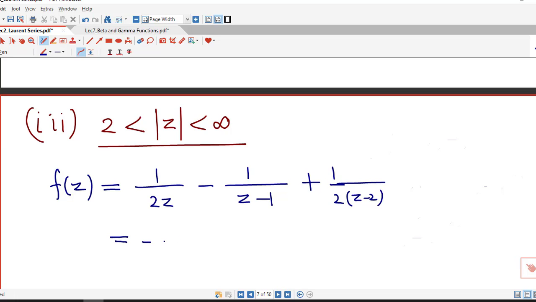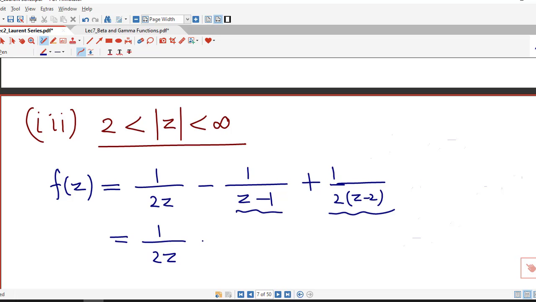So this first term we have to keep as it is. Now as we discussed, we have to write these two fractions in terms of 1 by z and 2 by z.